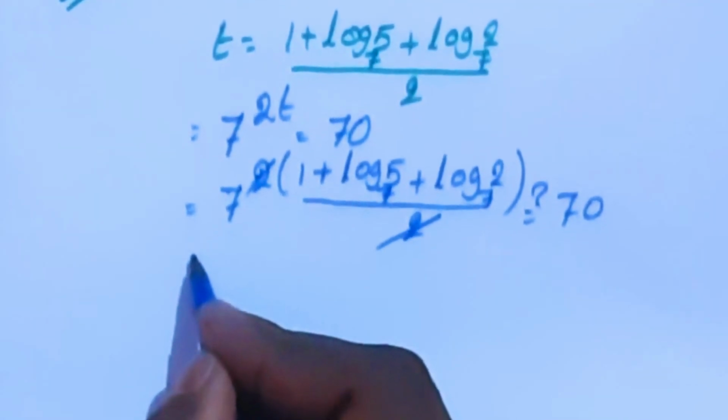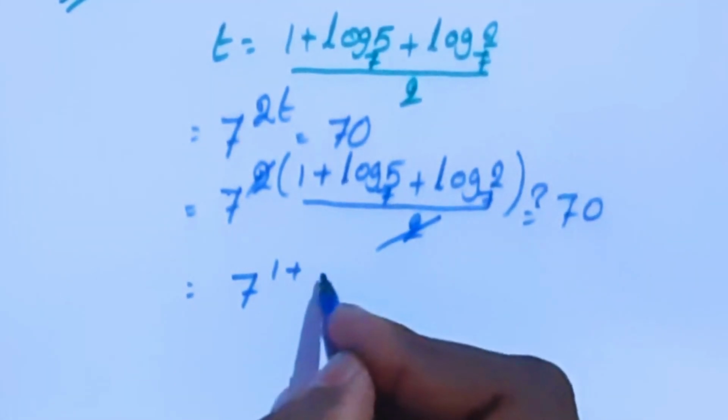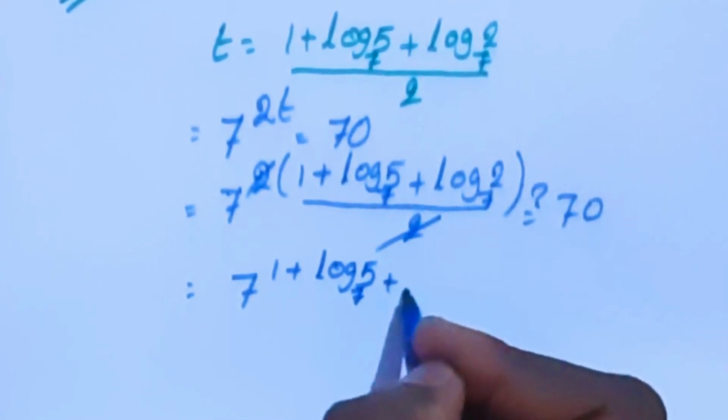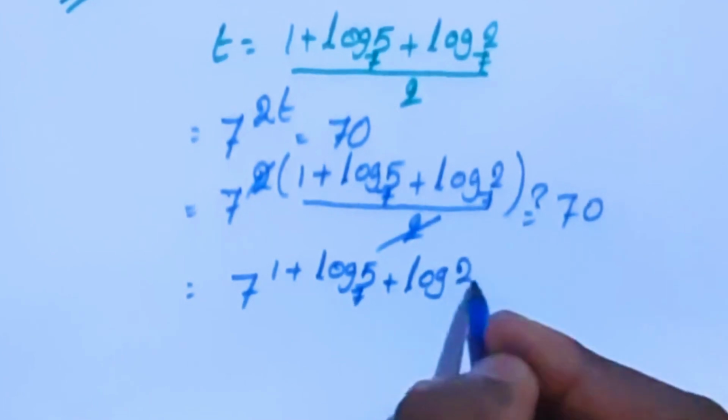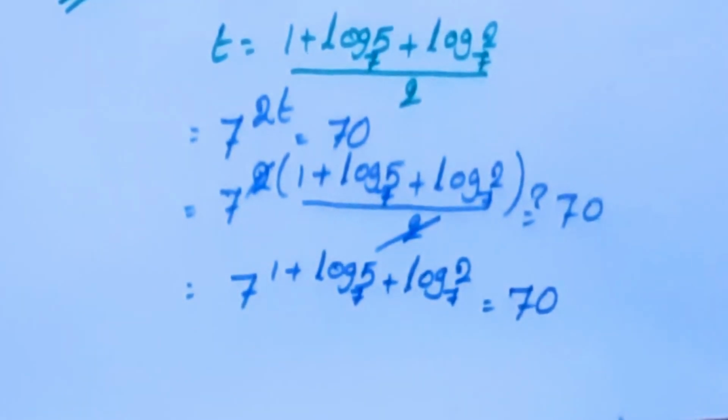Now 7^(1 plus log 5 base 7 plus log 2 base 7) equals 70.